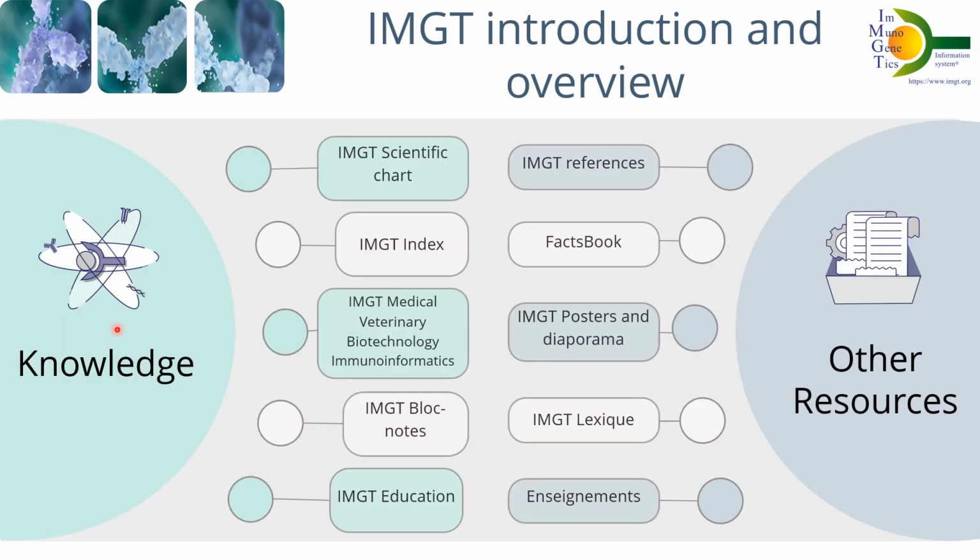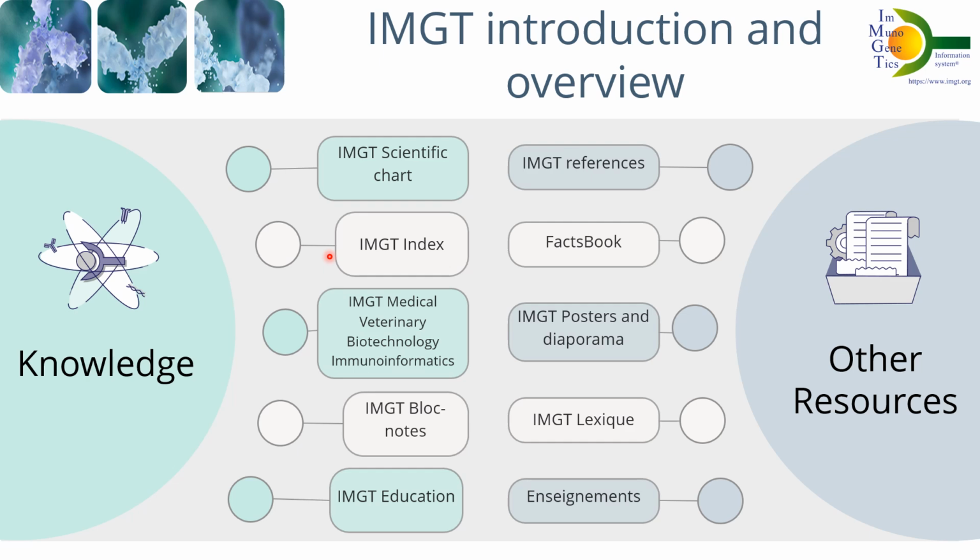We move over to the IMGT knowledge icon. Several pages with content relevant to the field are provided behind this icon. For instance, the IMGT scientific charts mainly provide the rules used by IMGT ontology, as well as the IMGT standards, which we'll hear much more about during the second part of the talk by Véronique.